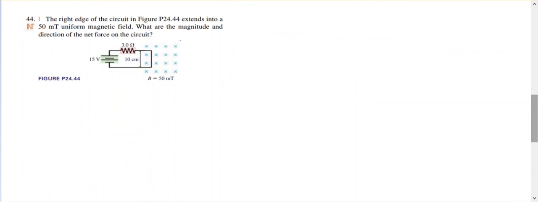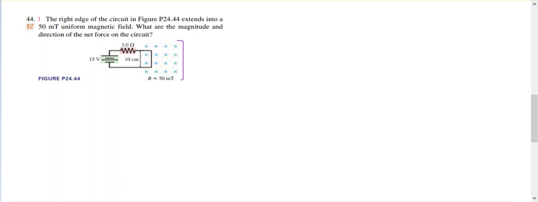Okay, so let's try and apply all of this to a practice problem. The right edge of the circuit in the figure below extends into a 50 millitesla uniform magnetic field. What are the magnitude and direction of the net force on the circuit? So right off the bat, we know that we can use our right-hand rule to find the direction of the net force. We see here that these are x's, which means our fingertips should be pointing to the screen because the B field is going into the page.